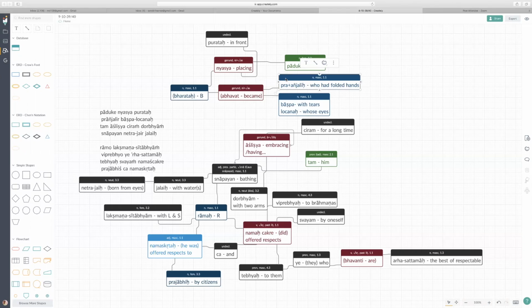So in order to complete the sentence, we understand that these are not adjectives, these are what we call predicates, or vidheya in Sanskrit, the B part. So Bharata became. Because we have this nyasya, which is a gerund, that's why it's becoming like this. If it was a verb... Yes, exactly. You need a proper verb, and if you don't see one, there is one implied.